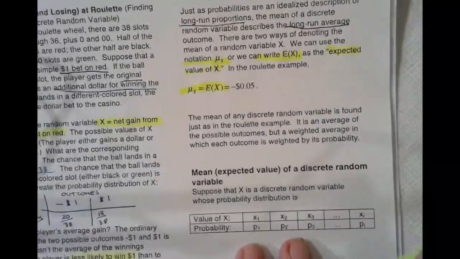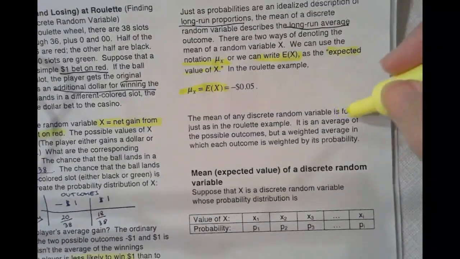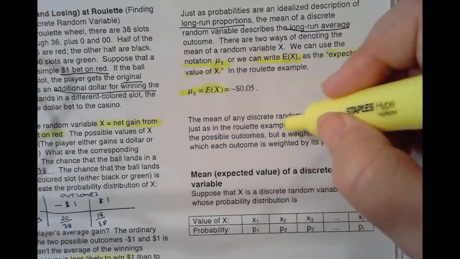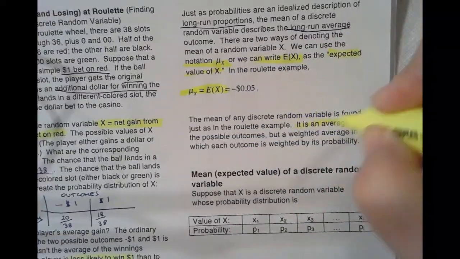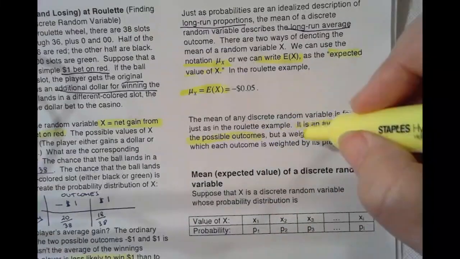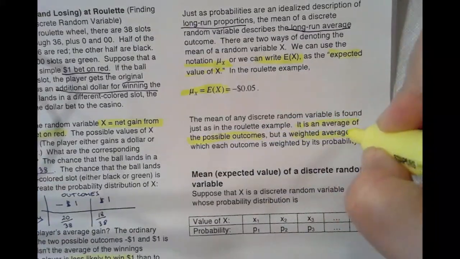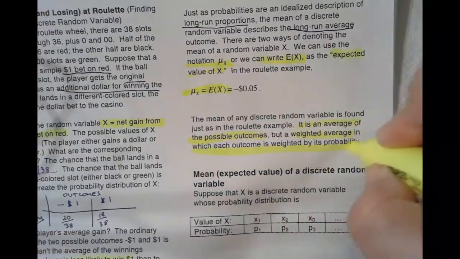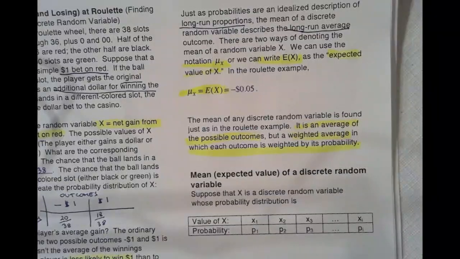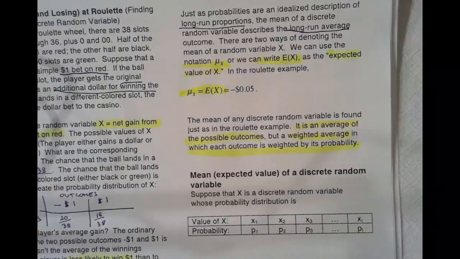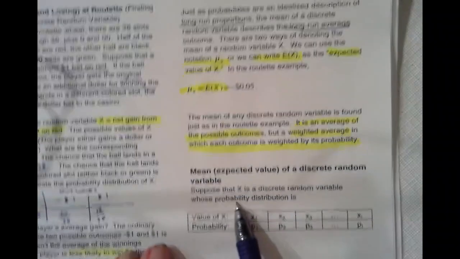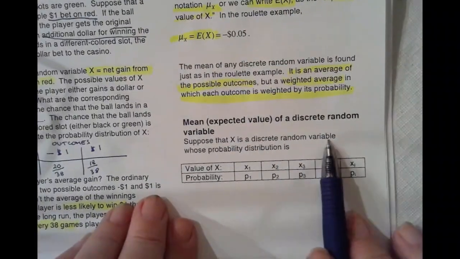The mean of any discrete random variable is found just as in the roulette example. It is a weighted average of the possible outcomes, in which each outcome is weighted by its probability. So taking into consideration the probability of each outcome, you add and find the average of those. So, mean expected value of a discrete random variable. Suppose that X is a discrete random variable.